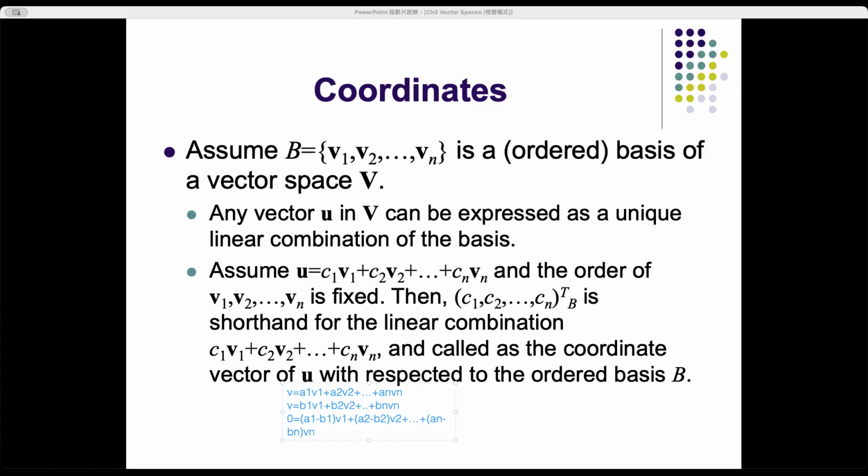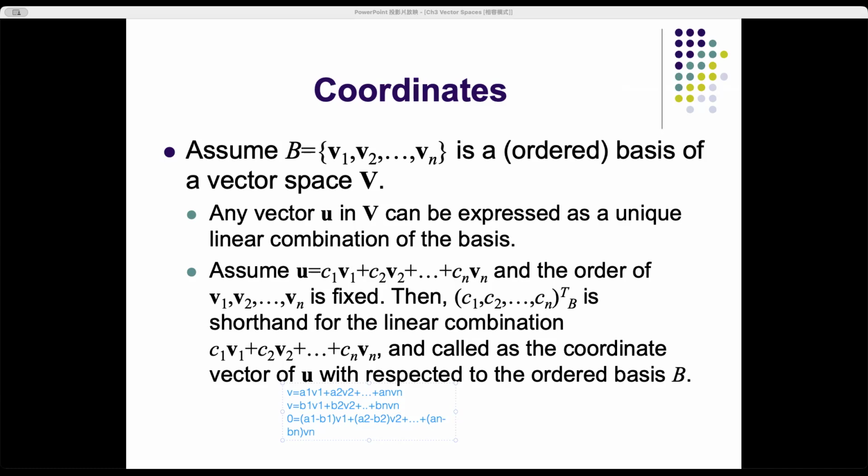And if they are different, that means among these n differences A1 minus B1, A2 minus B2, up to An minus Bn, some of them are not zero. That means V1 to Vn are not independent. Is that right?